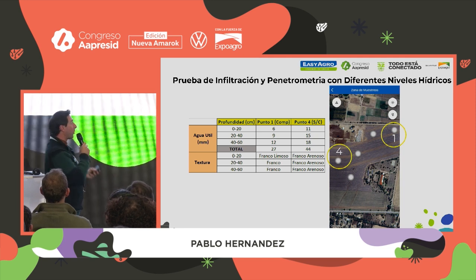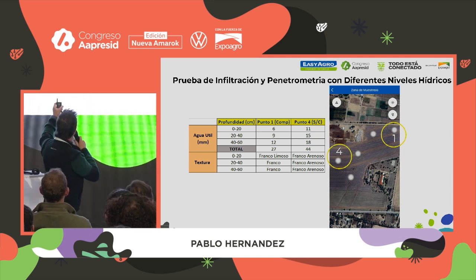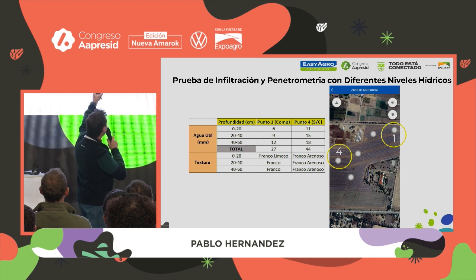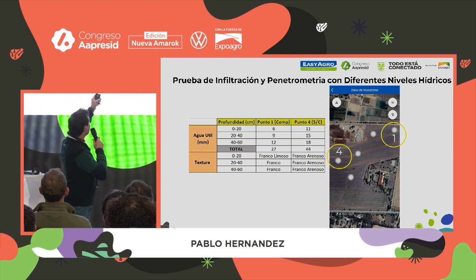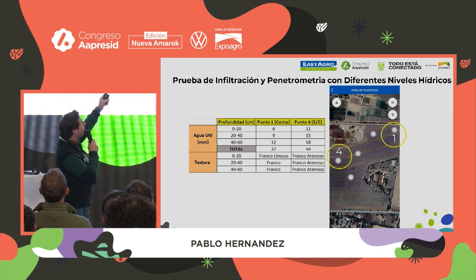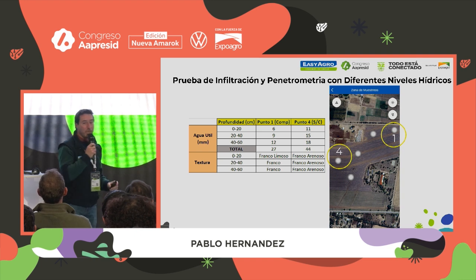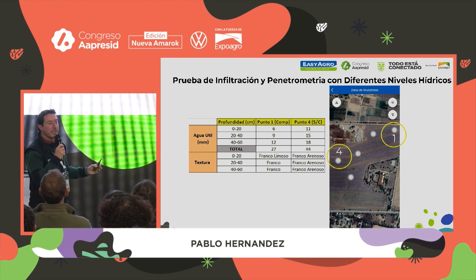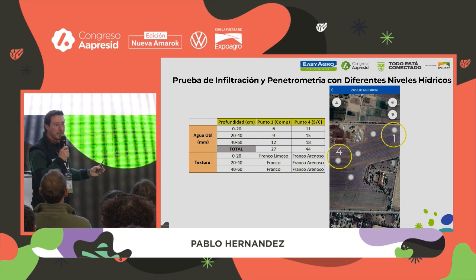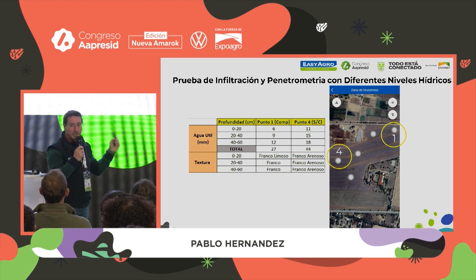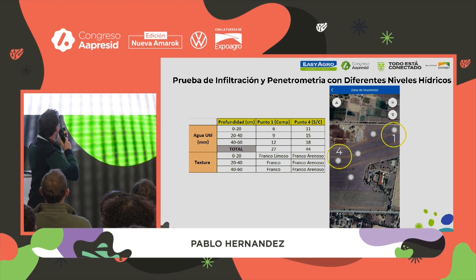Before the infiltration, we determined the useful water we had at 60 centimeters. In point 1, which was compacted, we had 27 millimeters of useful water before the test, and at point 4, we had 44 millimeters of useful water. This difference in compaction shows the capacity of storing water of the two types of soil.